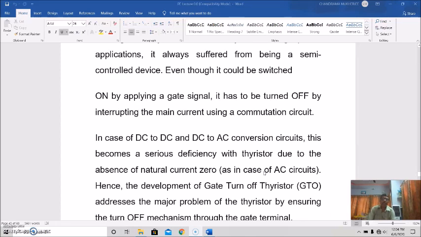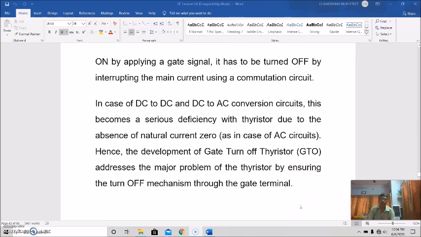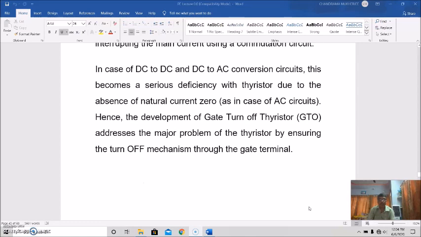In DC to DC or DC to AC conversion circuits, this becomes a serious deficiency with thyristor due to the absence of natural current zero, as in the case of AC circuits. So the development of the gate turn-off thyristor, or GTO, addresses the major problems of the thyristor by providing the turn-off mechanism to the gate terminal.